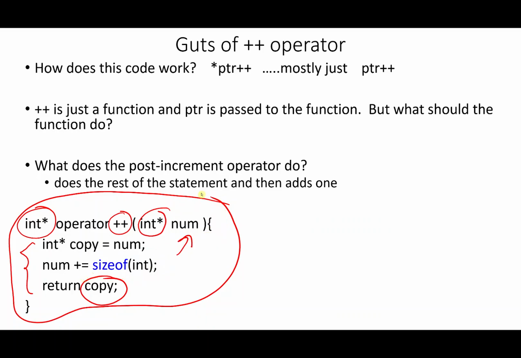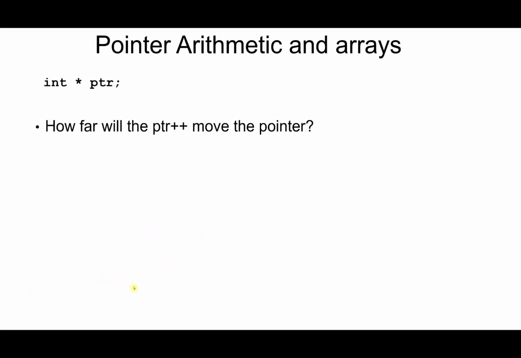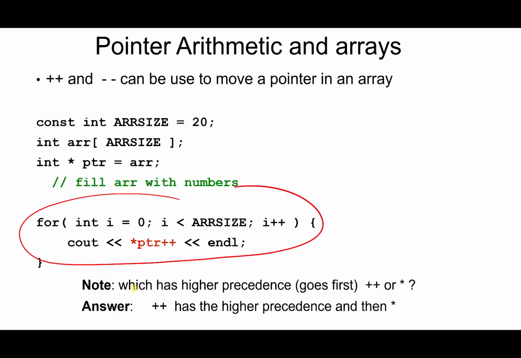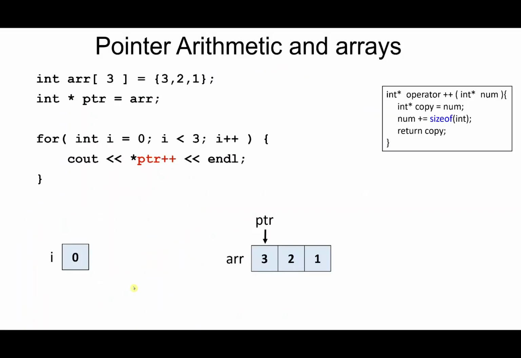Okay, so again, in asterisk ptr operator plus plus, we return the pointer. Pointer to what? We return the pointer to the copy. So we do actually increment by size of int, but what we return is a copy. This is why when we do this, we're not skipping the first location. No, we are not. And I'm going to prove it to you with this example.